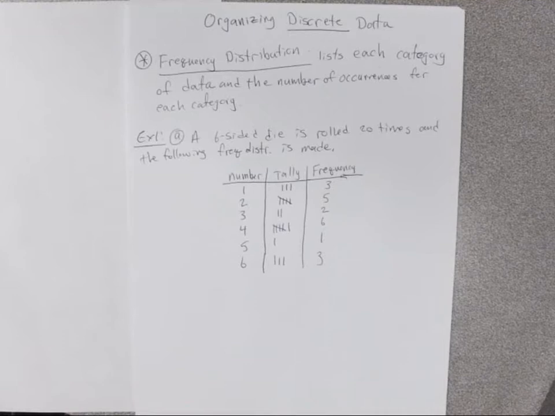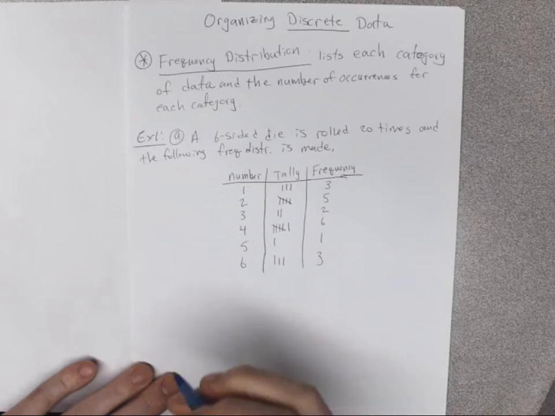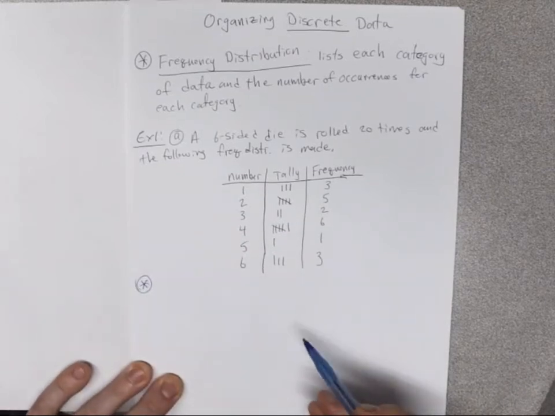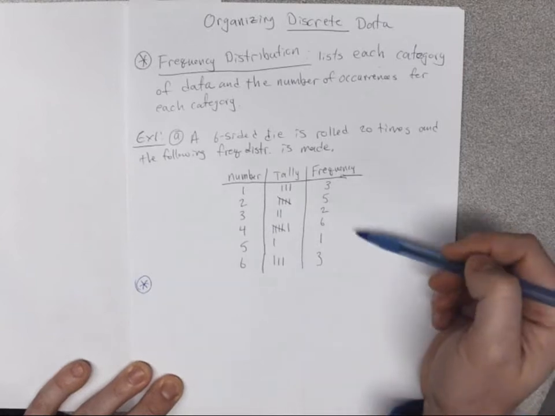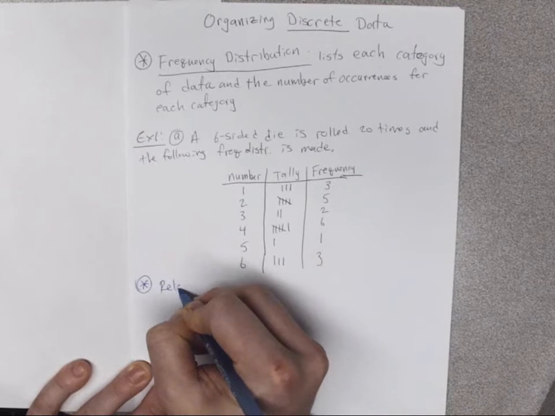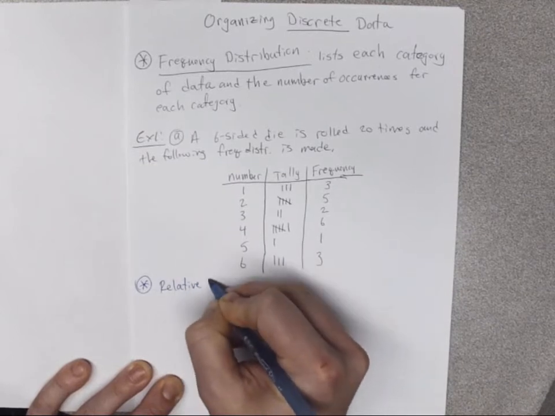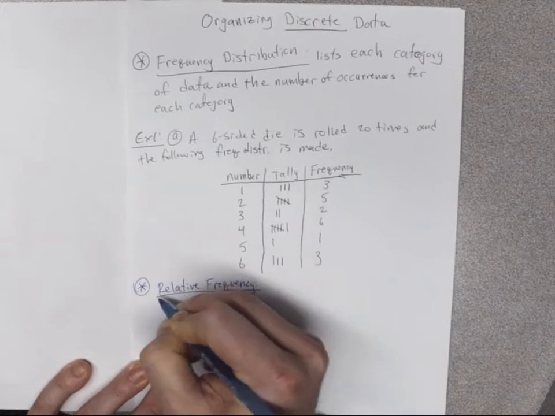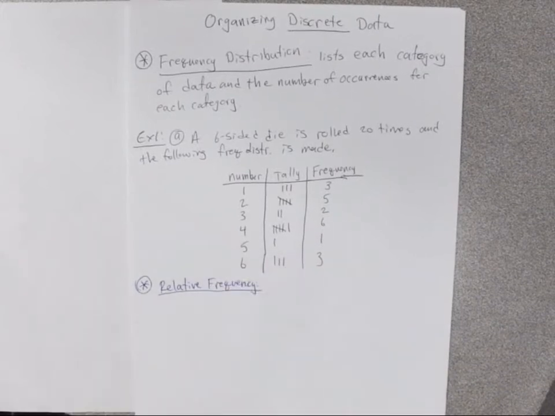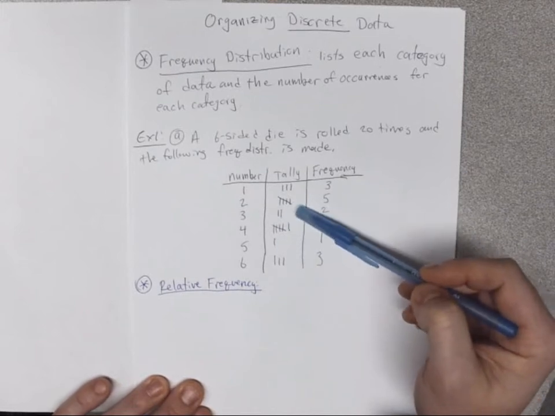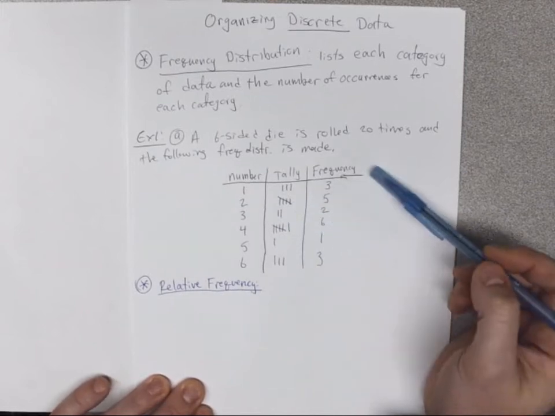So first, before we get to part B, we want to give you another definition. This definition is an extension that we're going to add on in a second. So this is called relative frequency. All relative frequency is telling us is, relative to the data that we have, meaning these 20 rolls here, how often did it occur?